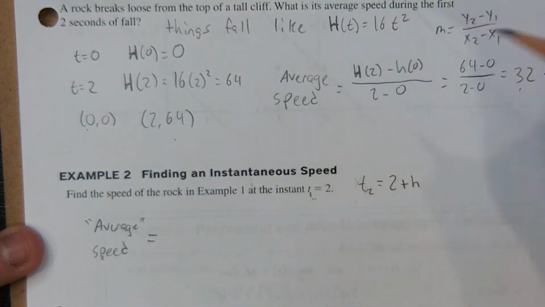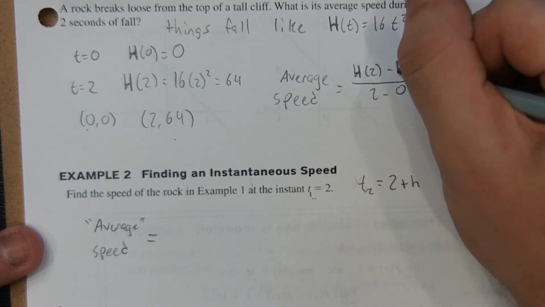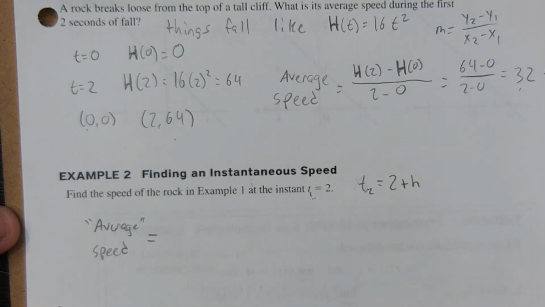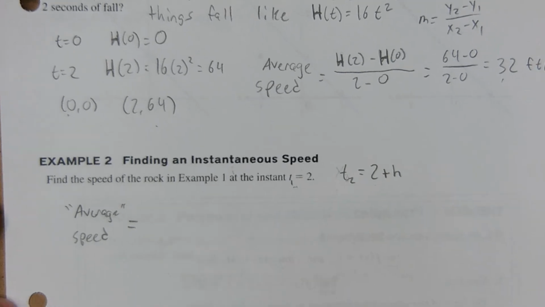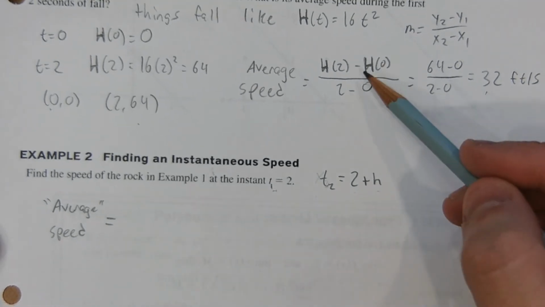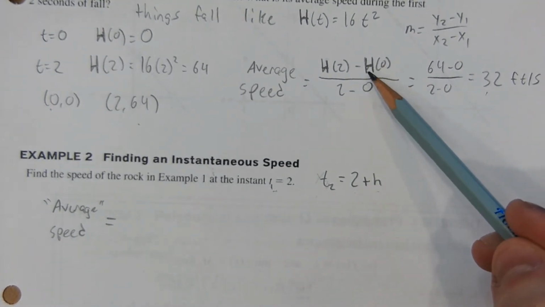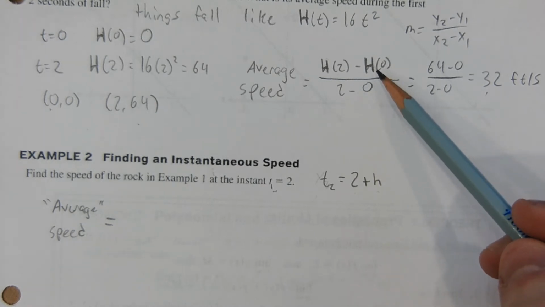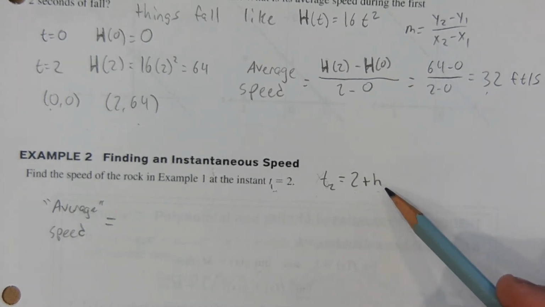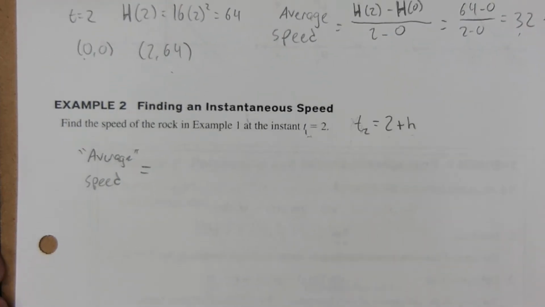Sorry about the double letter there, folks. So don't get confused by this. This is not the same H that we had up here. So capital H was our height with respect to time. Lowercase h is some unimaginably small distance away from 2.